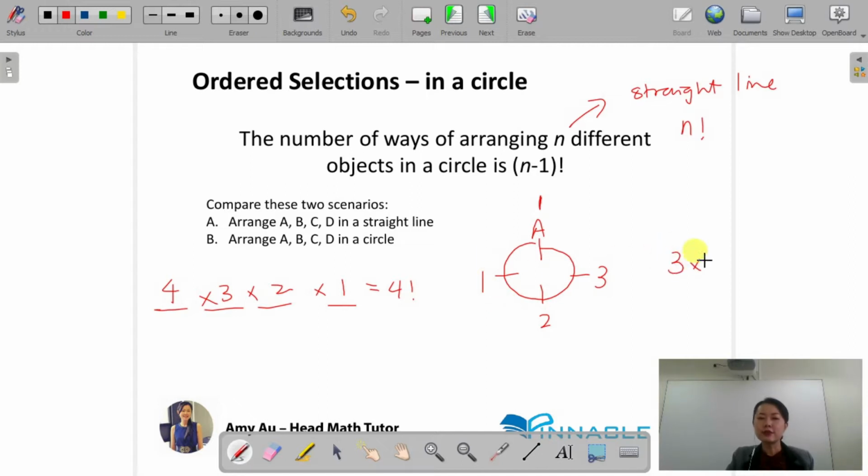So 3 times 2 times 1, 3 factorial. That's one way to think about this situation. It's always 1 less because there is no definite start and finishing point in a circle. Someone has to sit down and serve as the reference point for everybody else, and there's always only 1 way to put that first person down.